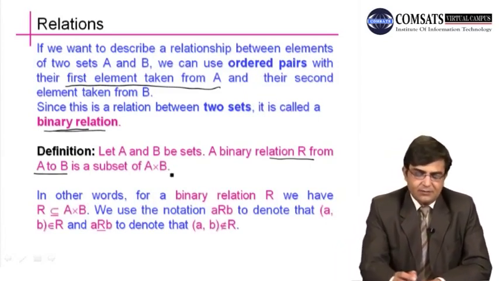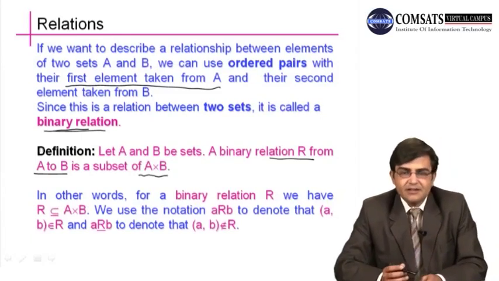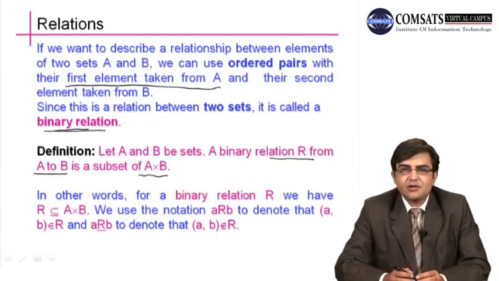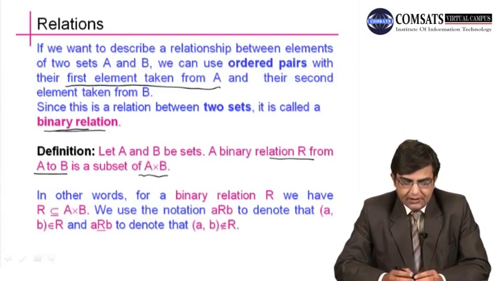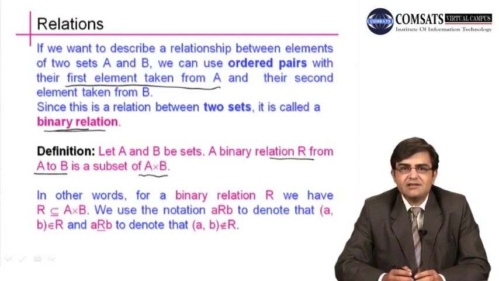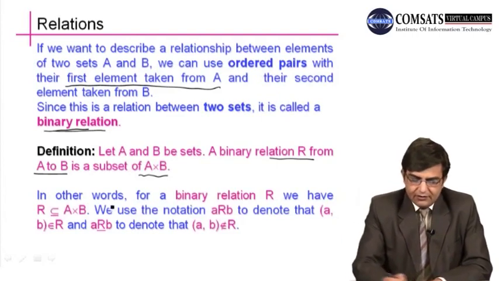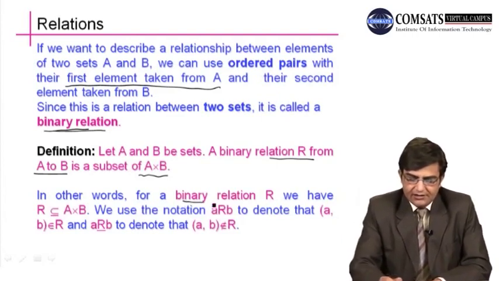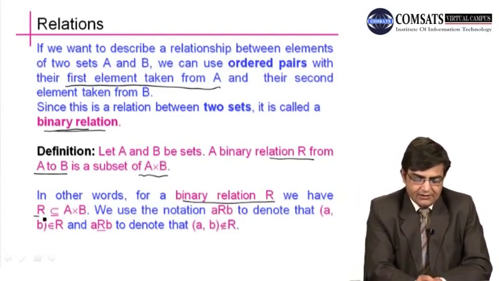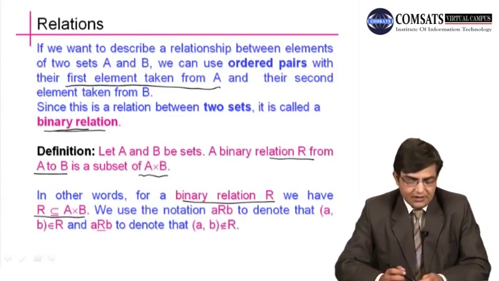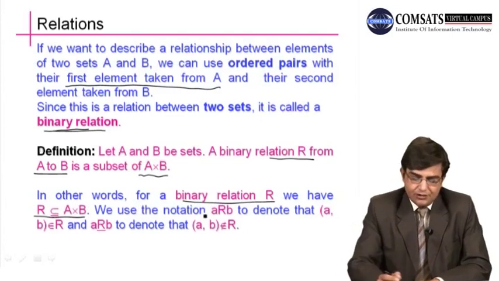Now what is A cross B here? We have studied in the previous lecture the Cartesian product of two sets A and B. So here A cross B is the Cartesian product. So in other words, we can say that a binary relation R is always a subset of the Cartesian product of two sets A and B, and we use the notation a R b.